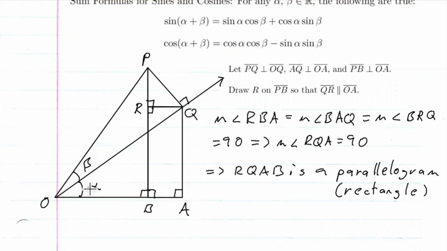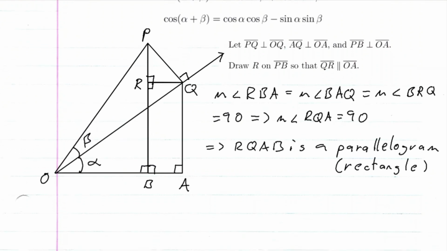So now we're going to look at sine of alpha plus beta. That means we're going to look at triangle PBO. So we know sine of alpha plus beta is going to be PB over OP.